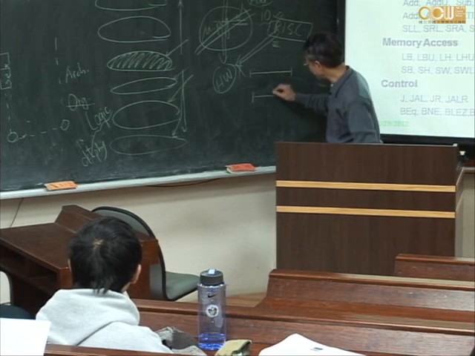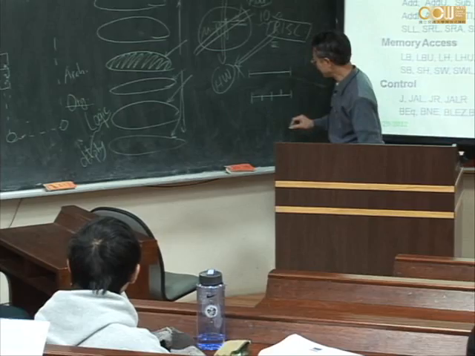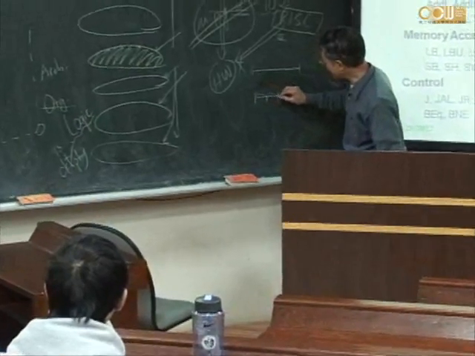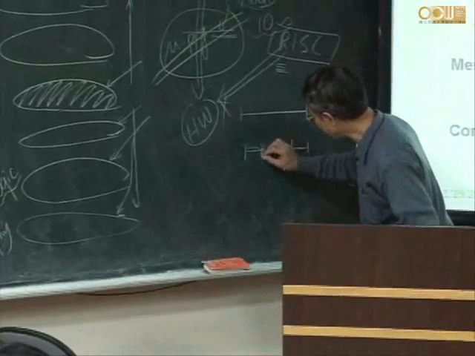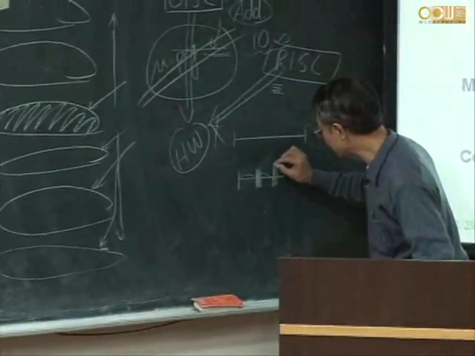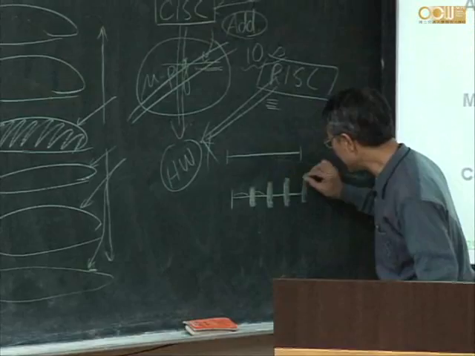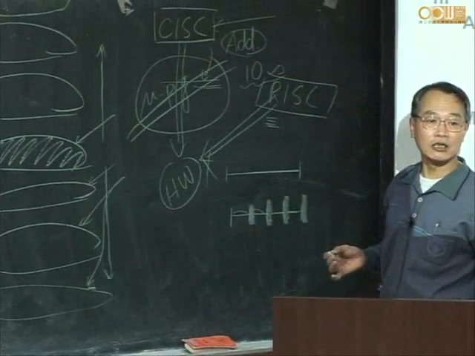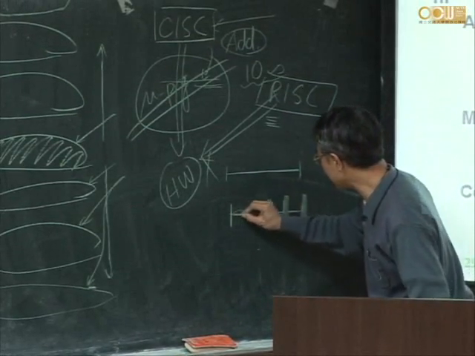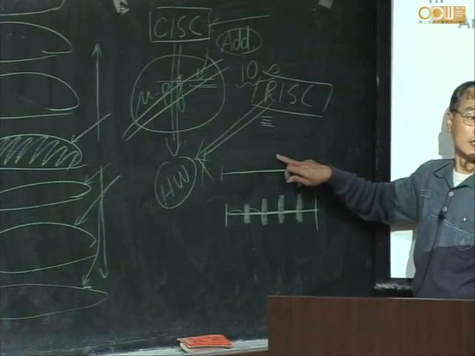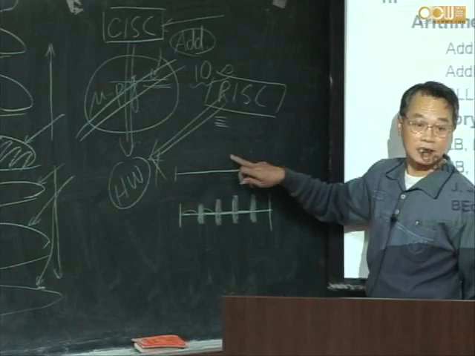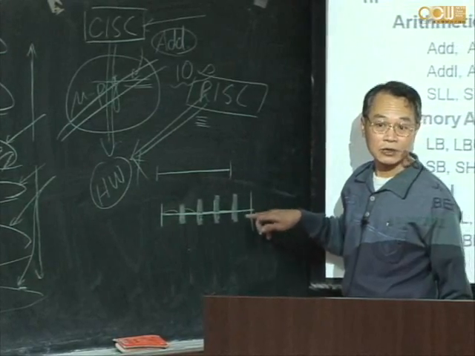In fact, if you want to pipeline it, maybe the length of each pipe stage is not balanced, and you also need a latch, a flip-flop, to record the intermediate result. So after pipelining, your life cycle will become even longer than in the CISC case. But it doesn't matter. Pipelining is always good.